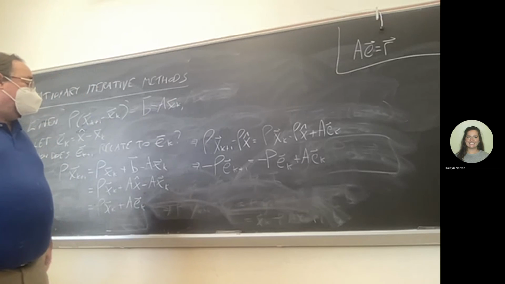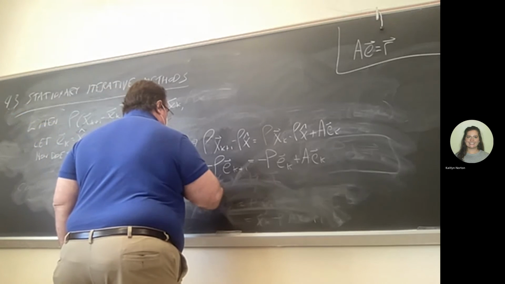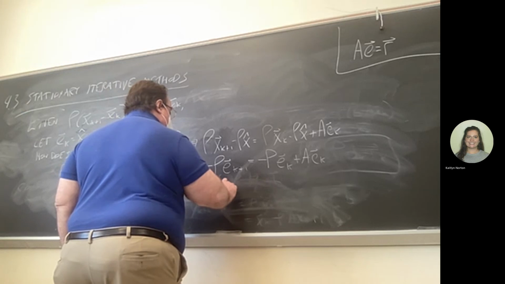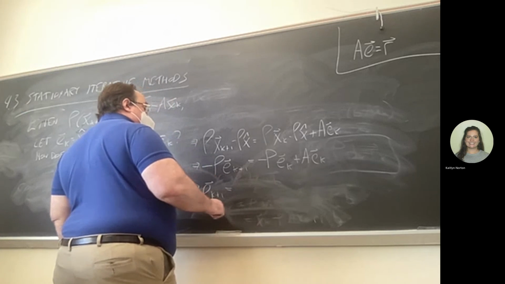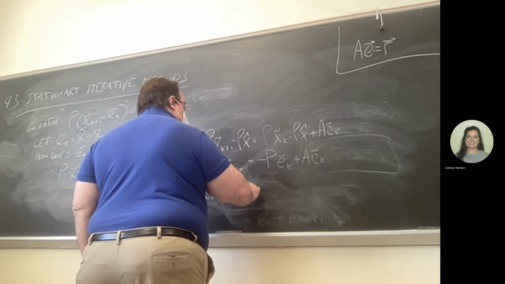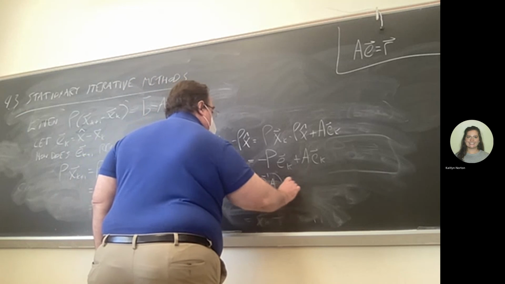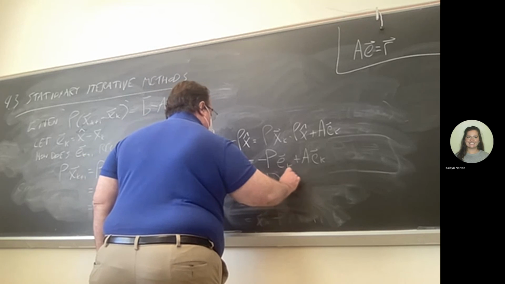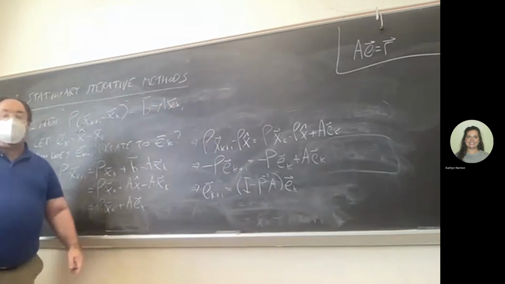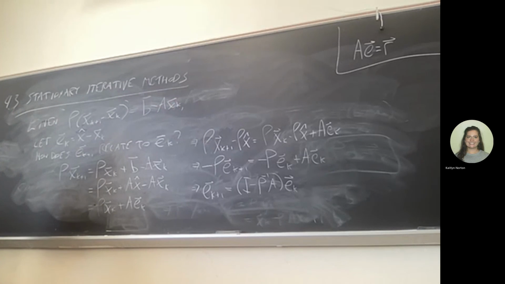So now what I can do is solve for ek+1. So ek+1 is equal to (identity minus P inverse A) times ek. So that is how the error changes from one iteration to the next. So at least we have a nice simple relationship.